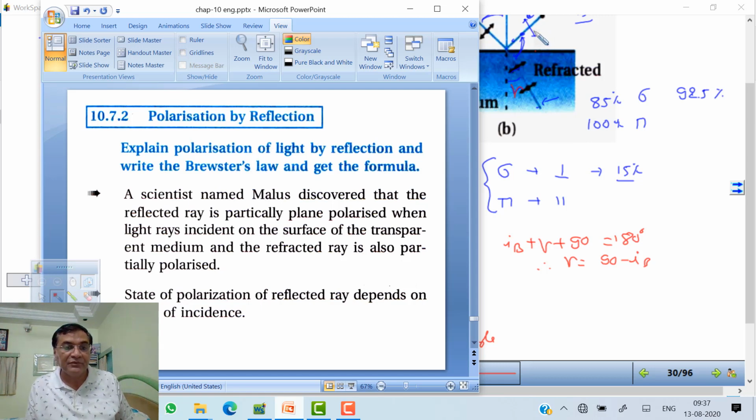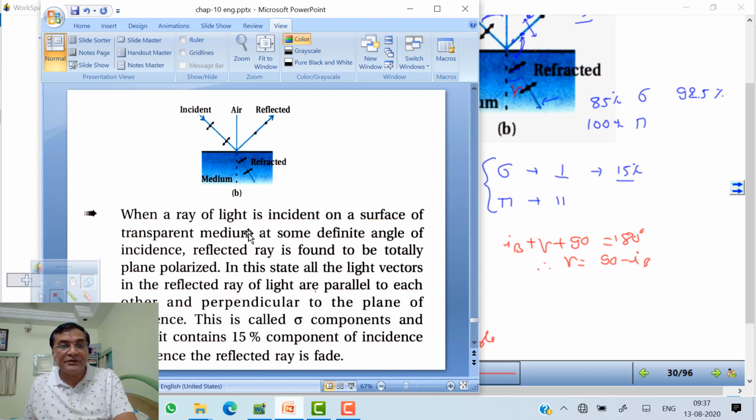I told you about this. At any angle, the state of polarization of the reflected ray depends on the angle of incidence. When I change this angle, the state will change here, the proportion changes, as we discussed. When a ray of light is incident on the surface of a transparent medium at some definite angle, reflected ray is found to be totally plane polarized. This definite angle is formed like this.